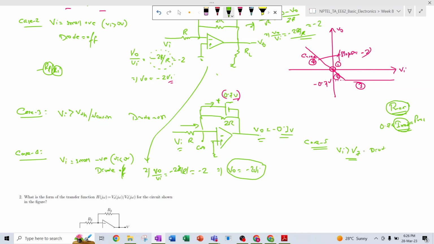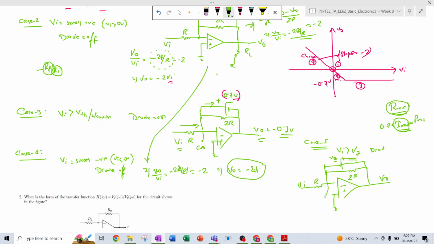Again, I am drawing the circuit. This is minus, this is plus, this is ground, there is a resistance, this is Vi, and here this is 2R, and here we have the Zener in the opposite direction. This is minus, this is plus, this is Vz, and this is VO.